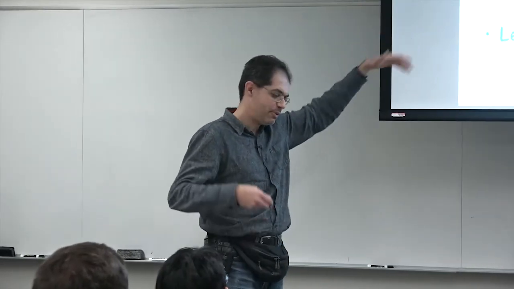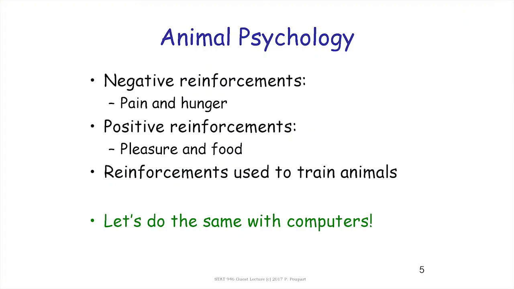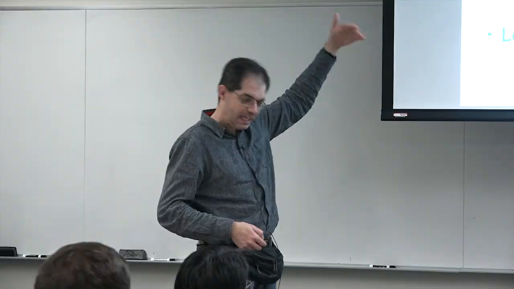It's been well known for a long time that you can train animals to perform various tricks, or otherwise to do certain tasks, and often you can get them to do those things by some reinforcements.